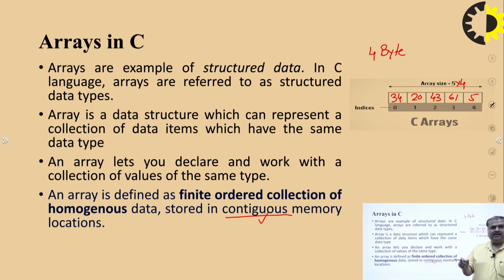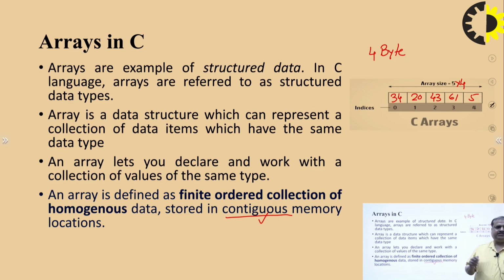So the addresses of elements will not be in a continuous manner. That's why we say contiguous memory allocation, because 4 bytes, then the next 4 bytes, then the next 4 bytes. For example, if I want to store double data type elements, then we would require 8 bytes for one element, then the next 8 bytes will be the place for the next element.